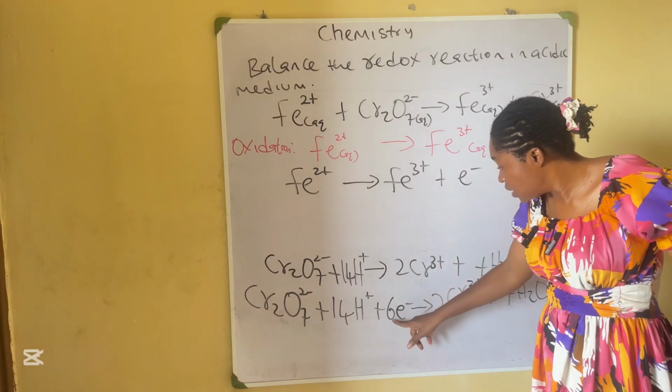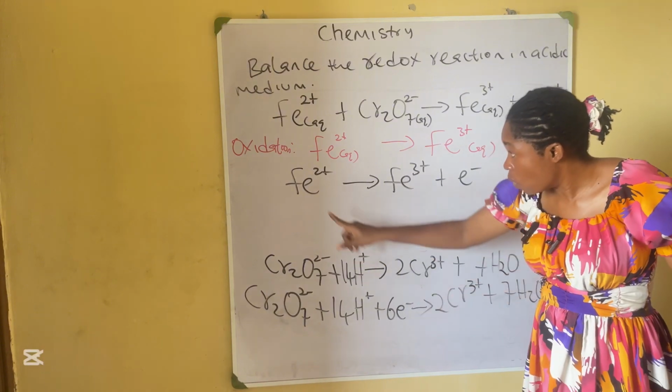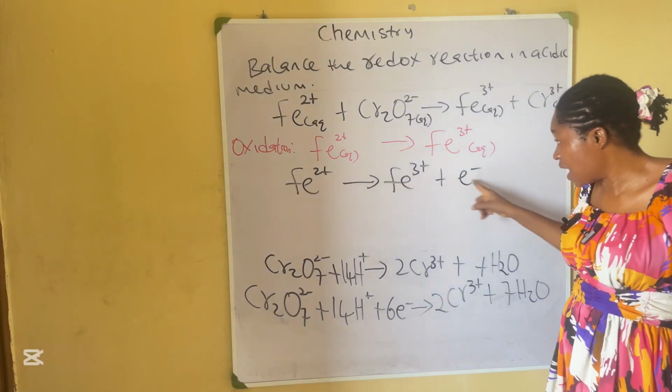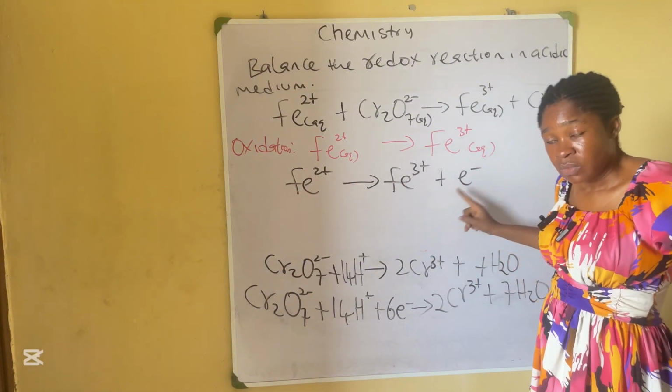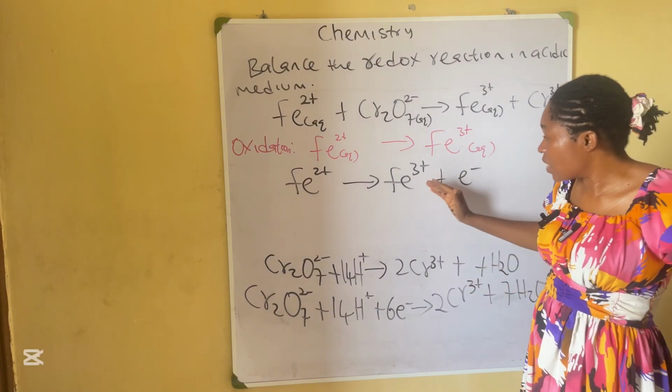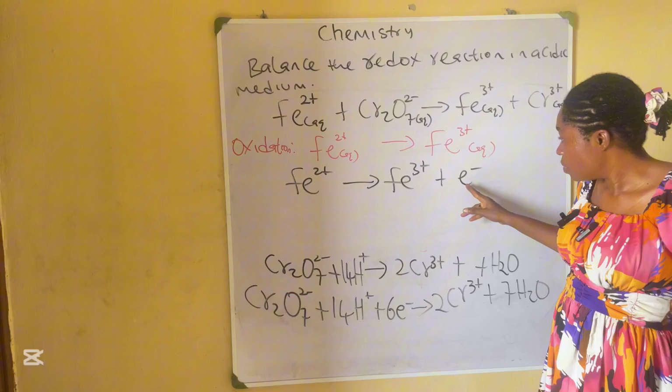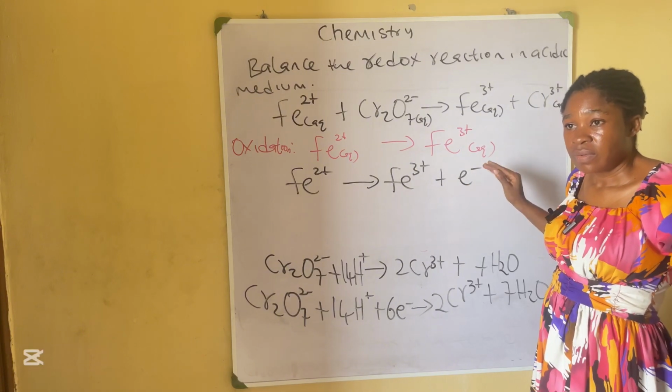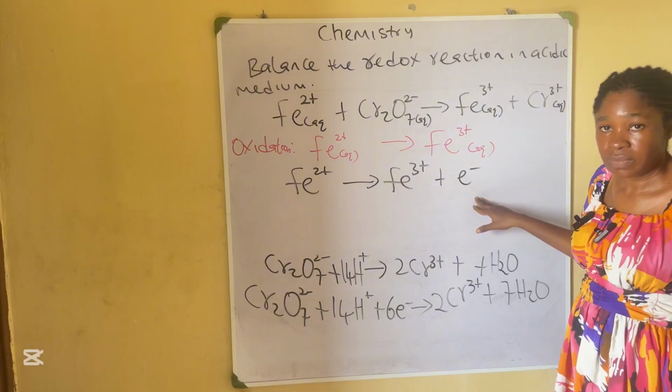I'm going to use this 6 to multiply the oxidation side, so that electron loss will be equal to electron gain. If the electrons are not the same, it means it is not complete.